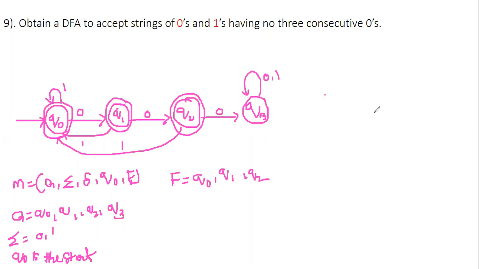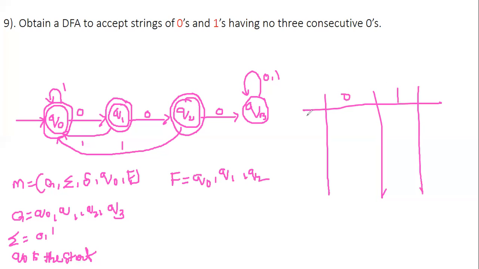Then later, if you want to draw the transition table, it will be for 0 and 1. So Q0 we have, which is the start state and also a final state; both should be specified. Then Q1 is also a final state. Then Q2 is also a final state. At last Q3, which is a non-final state. Q0 on receiving 0 goes to Q1.